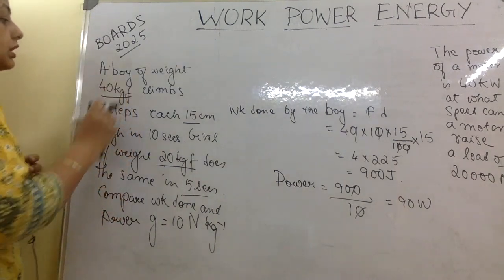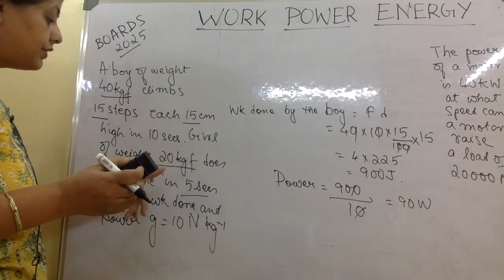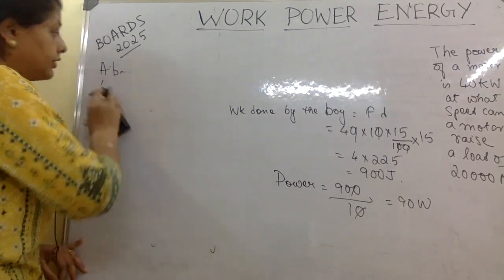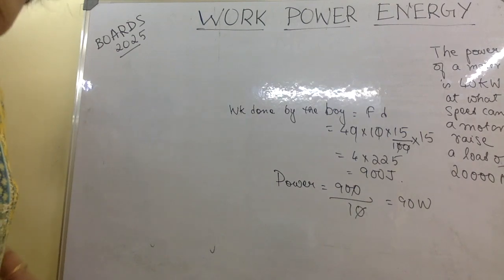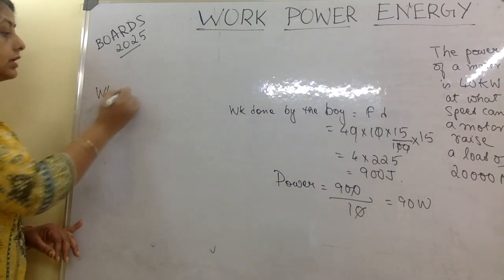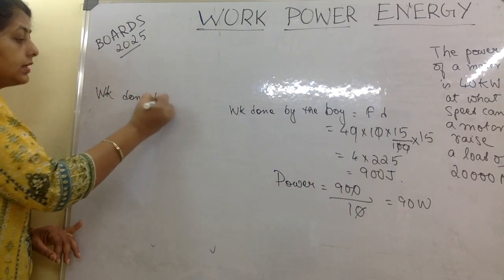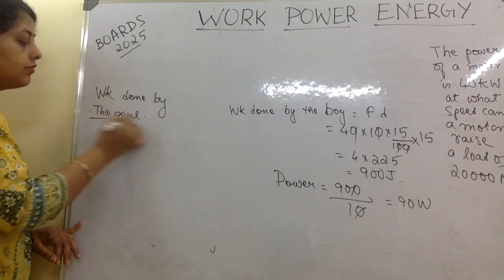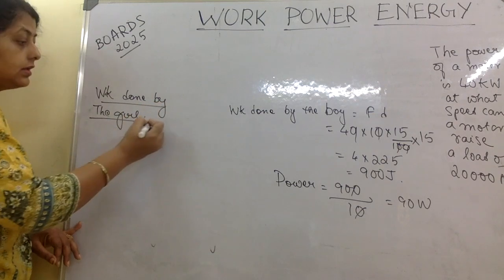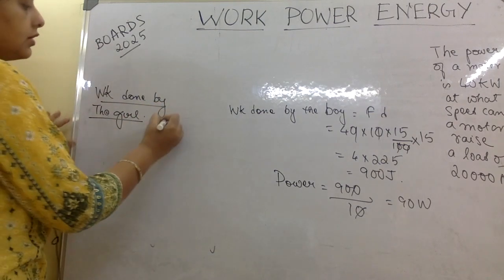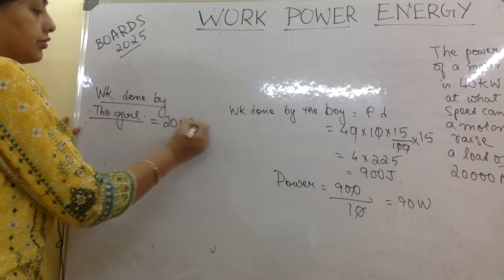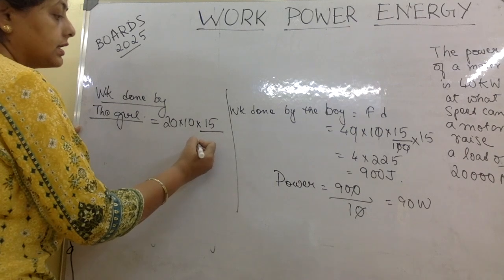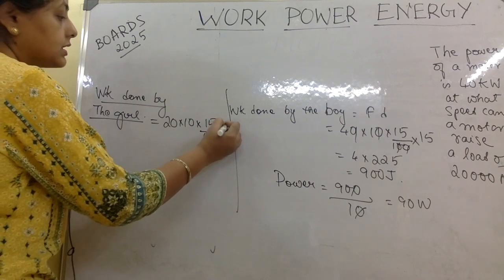The girl is 20 kgf and does it in 5 seconds. Quickly we'll get the work for the girl also. Work done by the girl is equal to, again, force, which we convert to Newton, into 15 steps, each 15 centimeter.